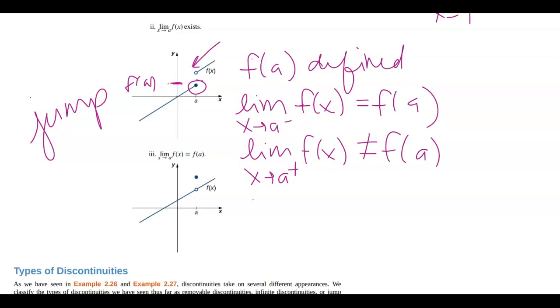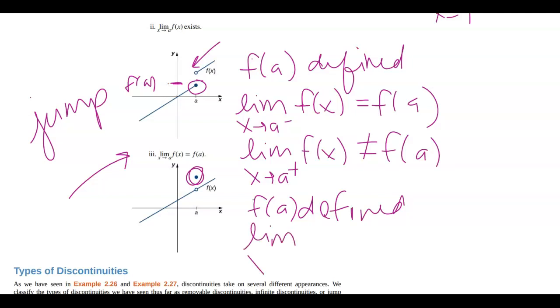So let's say we know f of a is defined and the limit exists. Awesome. Step 1, check. Step 2, check. We now get into step 3: that limit from both sides must be equal to the function value. On this one, f of a is defined, it's right here. The limit as x goes to a of f of x does exist.